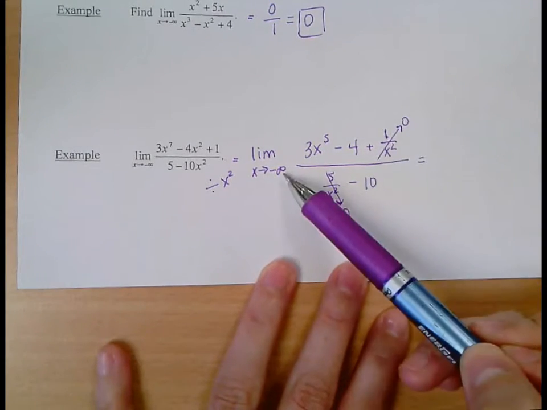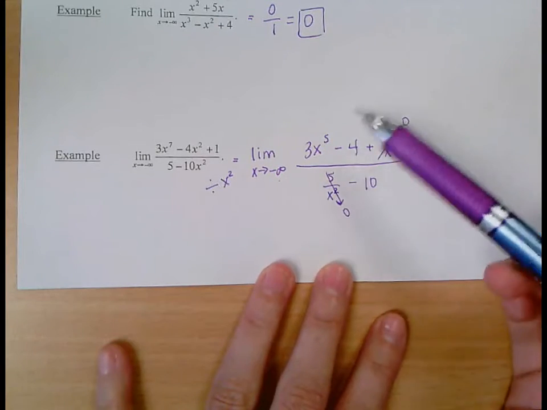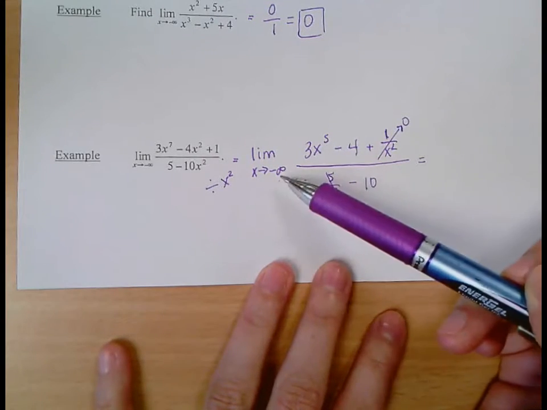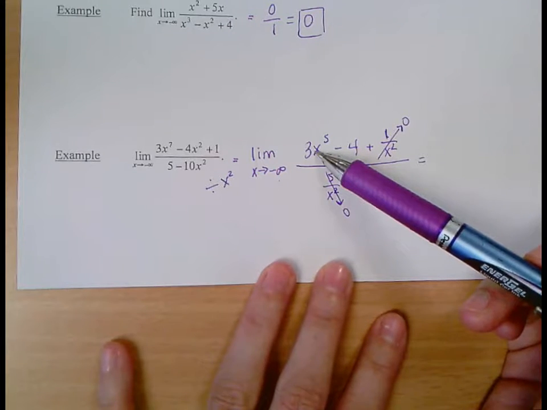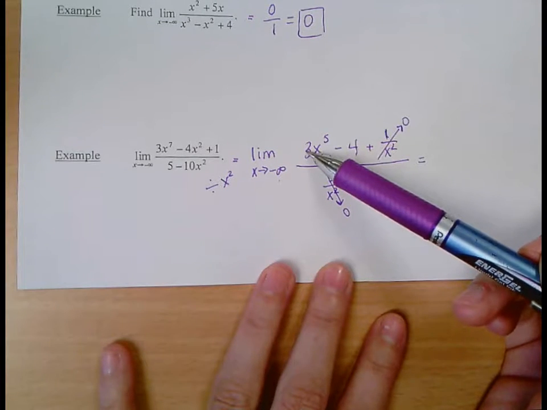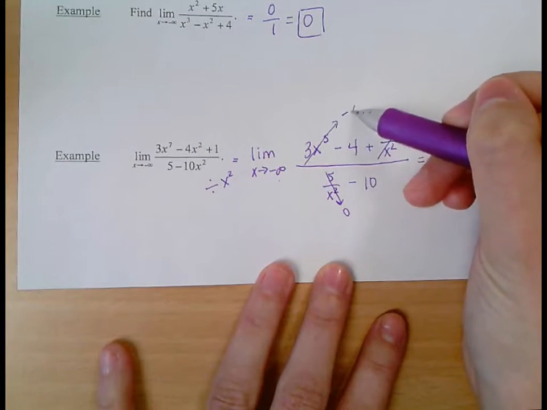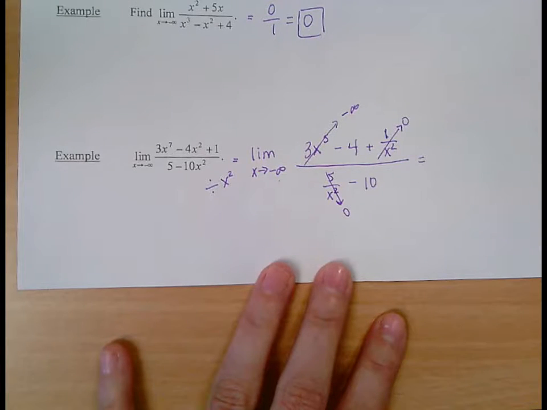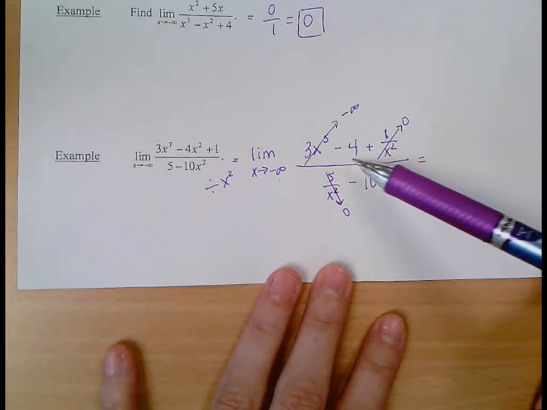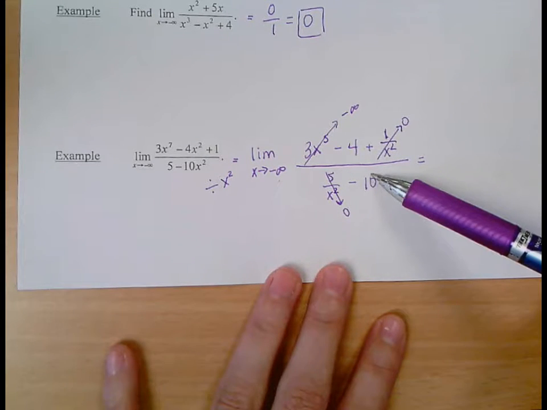So that means, now if I am thinking of x being a very large negative number, if I were to substitute in a large negative number for x, raise it to the 5th power, it's still really large and negative. Multiply it by 3, it's still really large and negative. So this term is approaching negative infinity, some very large negative number. And then I know 4 is just approaching 4, and then 10 here is just approaching 10.